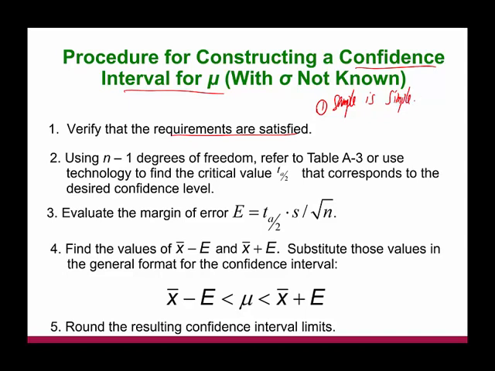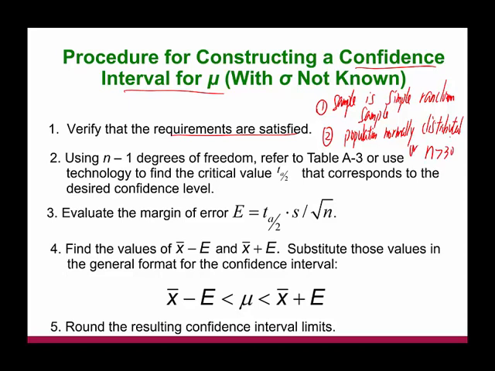Second condition, either the population is normally distributed or the sample size is greater than 30.